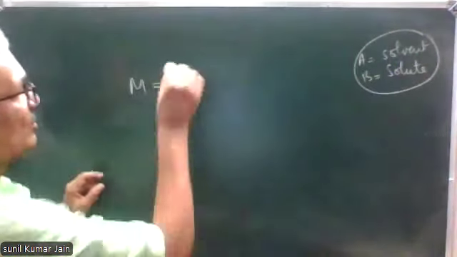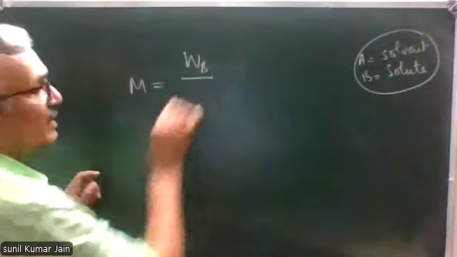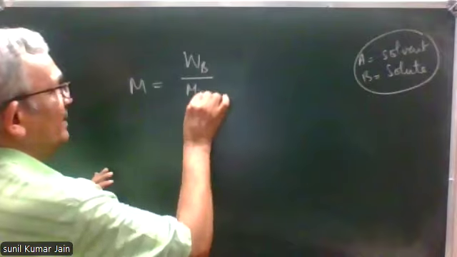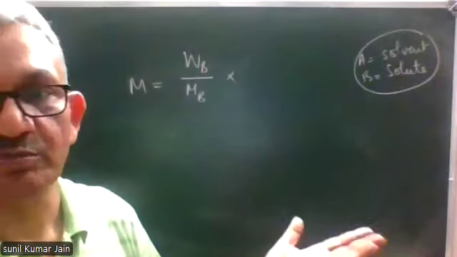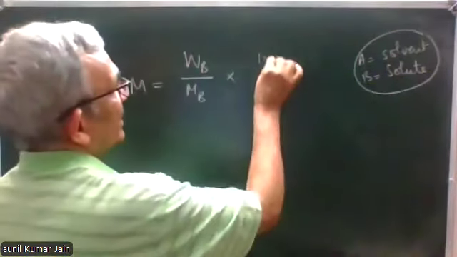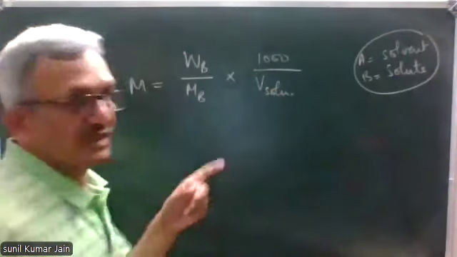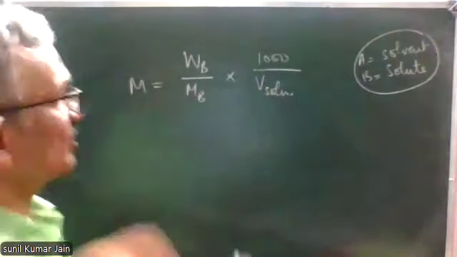So molarity is equal to WB, weight of solute, divided by MB, molecular weight of solute, into 1000 divided by V solution, volume of solution.